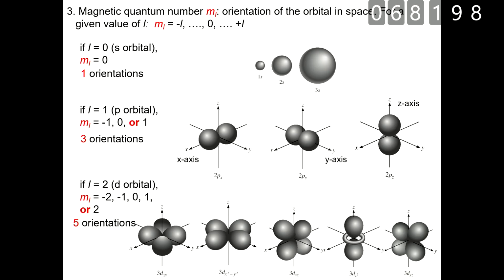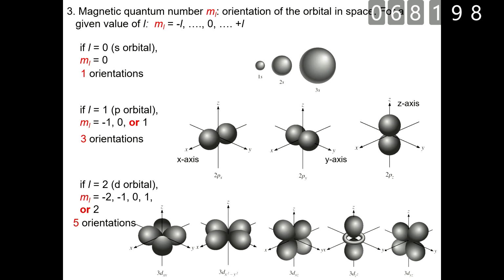This also means it has only one orientation. So the ML is about the orientation of the cloud shape. For example, when L is 0, ML can only be 0, so just one, because you know the ball, right?